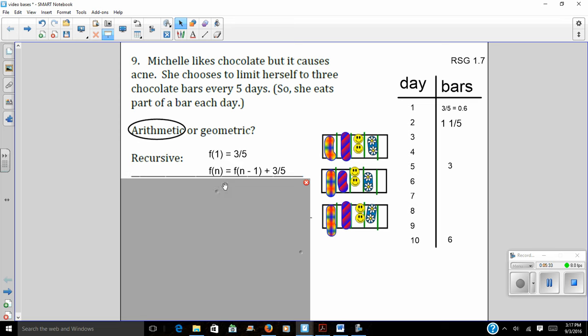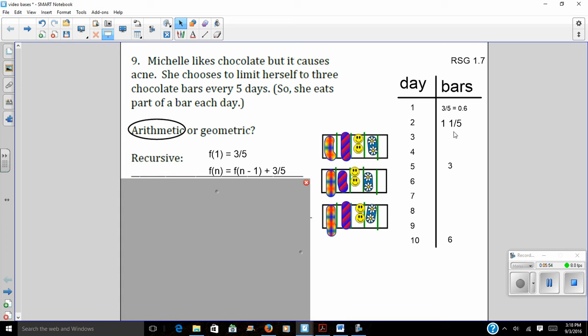Remember, for a recursive, you always have to give yourself the first term, so f of 1 equals 3/5, and we notice in our table that the first term is 3/5. Then we always have to give what exactly is happening in this situation. In this situation, f of n equals, we look to the previous term, and then we add 3/5 to that term.